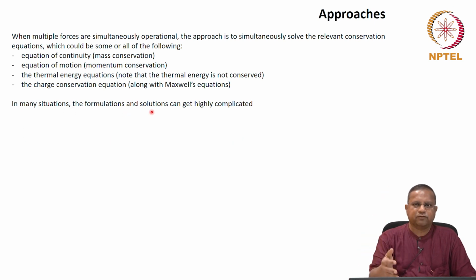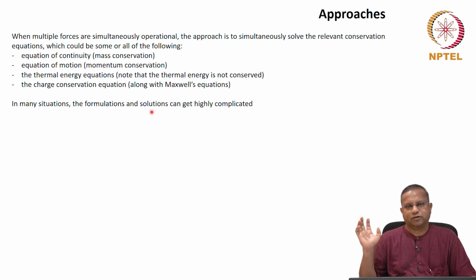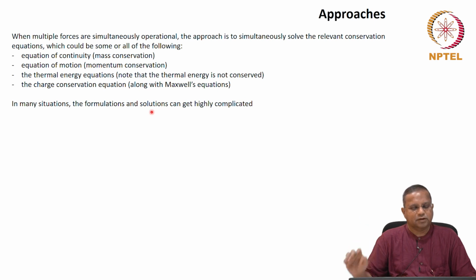You have a set of coupled partial differential equations of highly complex nature, each one. It's going to get very messy mathematically. In principle it is possible to express this, but the mathematical effort is going to be so significant that you might want to take a second look at that approach.